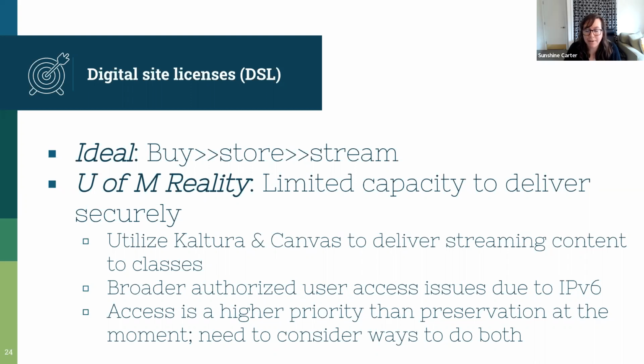We can upload the content, rip it, or get the files and deliver it to classes who have requested the content via Kaltura and Canvas. But we have been having some issues with IP version 6 with our hosting platforms. Since we have a mix of IP ranges on our campus, we are having issues delivering the content to a user who has an IP version 6 address.